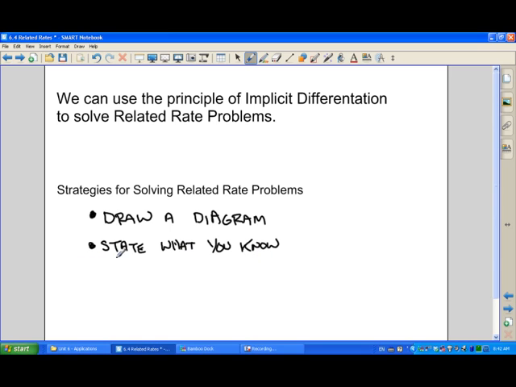And as you are stating what you know in these problems that we're being given, we want to find derivatives.